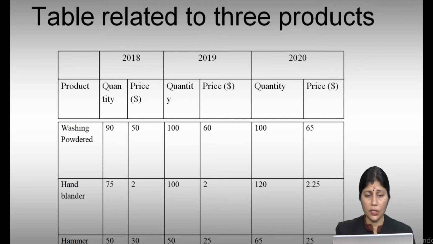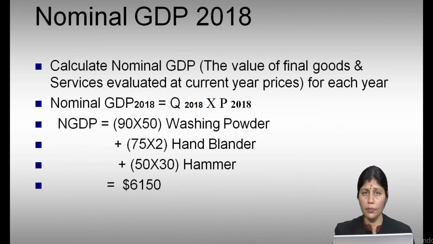The first product in 2018 is washing powder. The quantity of washing powder was 90 units, 90 packets you can say, each packet with a price of 50. Now come to the next slide, where we calculate washing powder as 90 multiplied by 50.